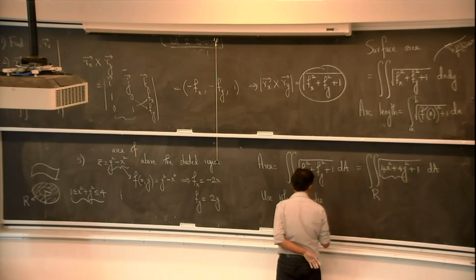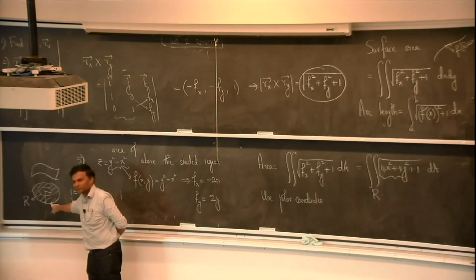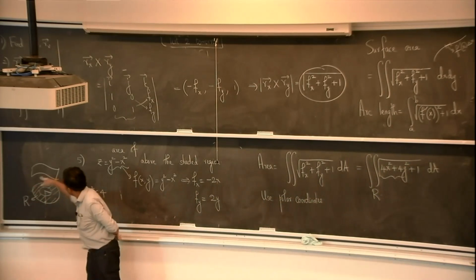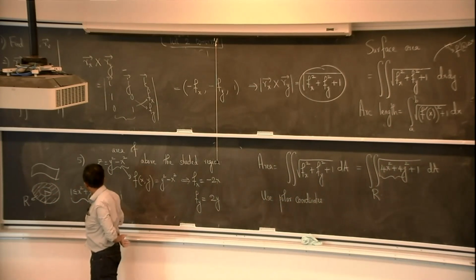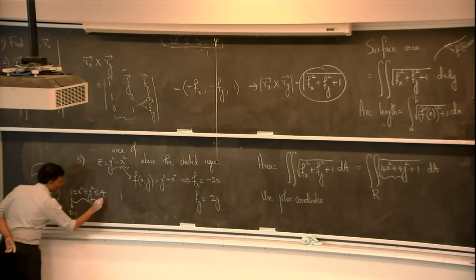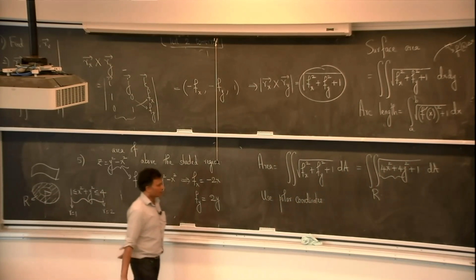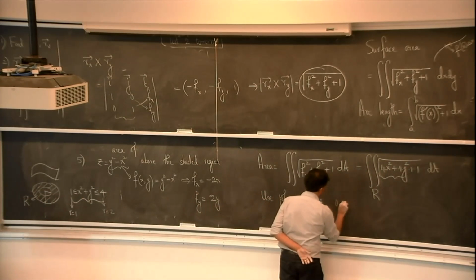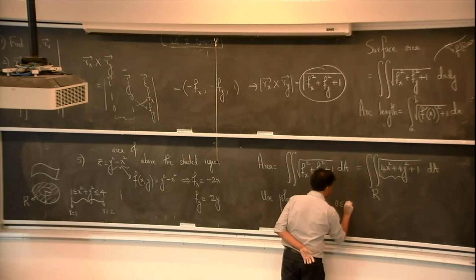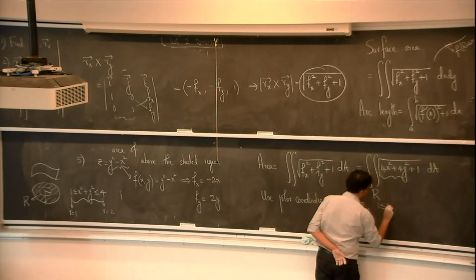So they all kind of agree. What are the limits of r and theta here for this region? All right, 1 and 2. So this is r equal to 1 and r equal to 2. So use polar coordinates with 0 less than or equal to theta less than 2 pi, and 1 less than or equal to r less than or equal to 2.